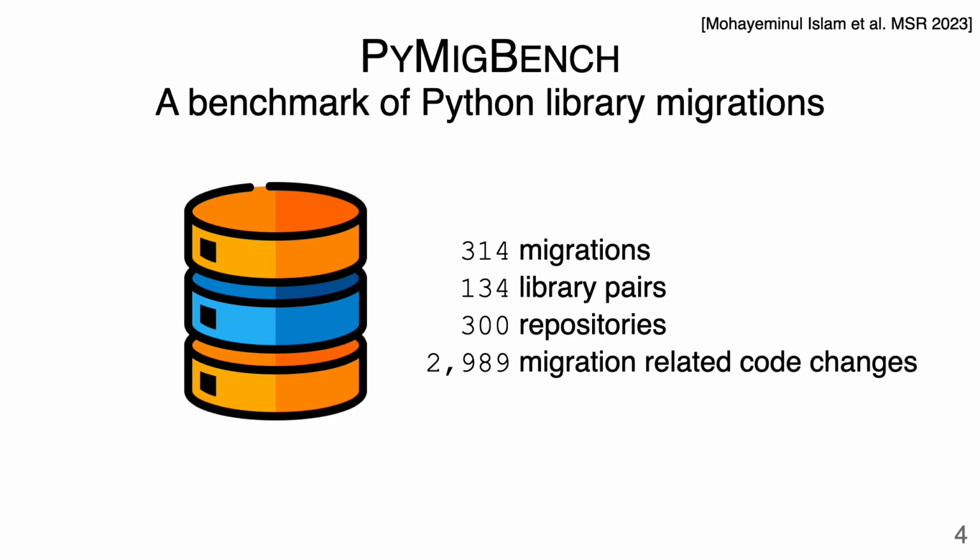It consists of around 314 migrations across 134 library pairs, across 300 repositories, and the individual code changes constitute around 3,000 code changes. The dataset is annotated, so each code change is annotated to describe the different aspects of this code change. If you want to read more about the taxonomy that we use, you can read it in the paper, or find me later in the poster section and we can talk about it.